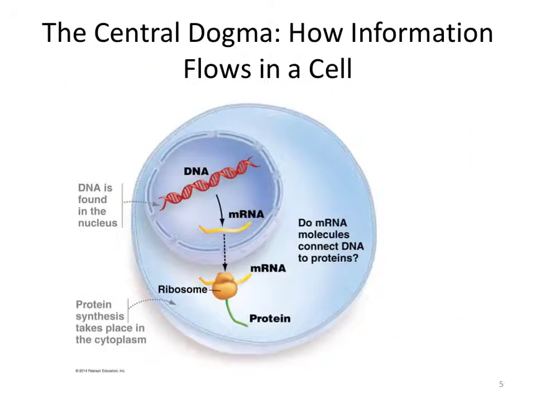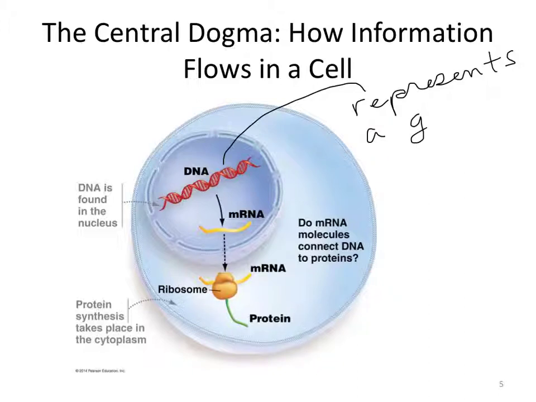So what is the central dogma? This is a saying that we use in science to talk about how genetic information flows in a cell. So here we see a eukaryotic cell. I know it's a eukaryotic cell because the DNA is in a nucleus. It's a simplified cartoon. That DNA is there in chromosomes, and we're really focusing on just one specific short region of DNA, or a gene. So this represents a gene, okay?